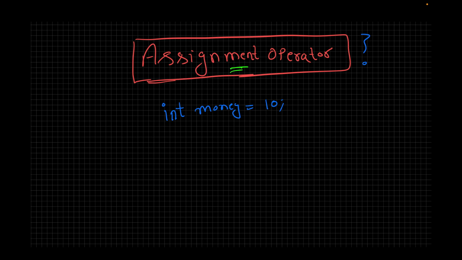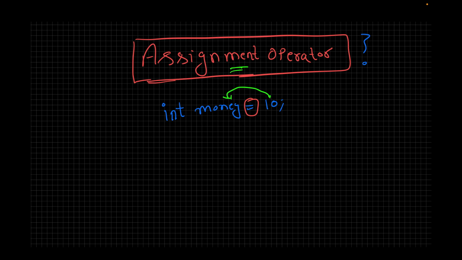So in all these cases, what you are saying is assign this $10 value to this variable. All right. This is the assignment operator. You are assigning a value to this variable. In this case, you are assigning the value 10 to the variable money.